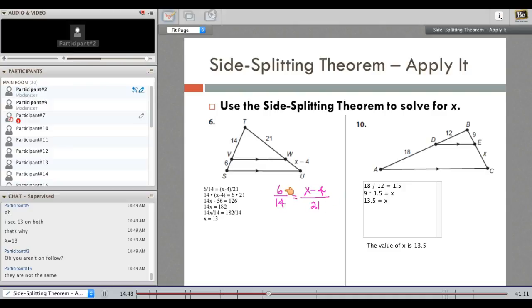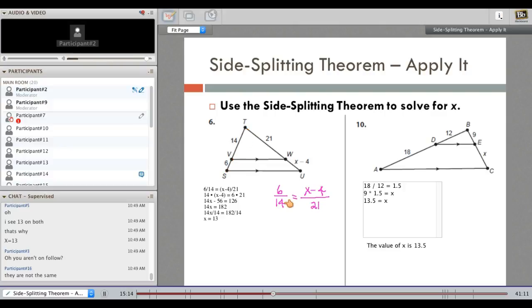So again, what you're doing when you set up a proportion using the side-splitting theorem is you're going to take the 6, which comes from the extra little piece of the larger triangle. So again, you're focusing first on your parallel lines. You want to look for that. And then we're going to take the extra little piece that's formed between those 2 parallel lines and put it over the side of the smaller triangle.